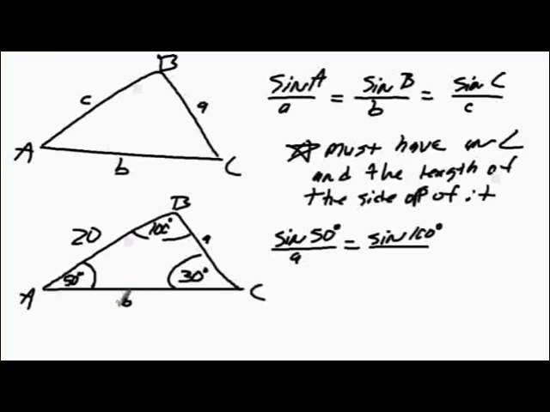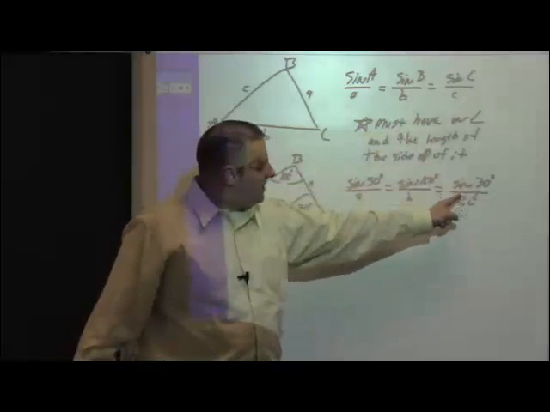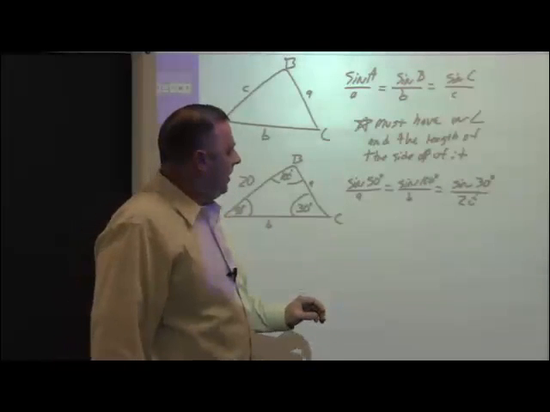I'm going to put a lowercase b there, and that's got to equal sine of angle C, which is 30 degrees, over its length, which is 20. See, what you're going to notice is one of these ratios you're going to have top and bottom. You need to have that, otherwise you cannot solve for the other missing parts.